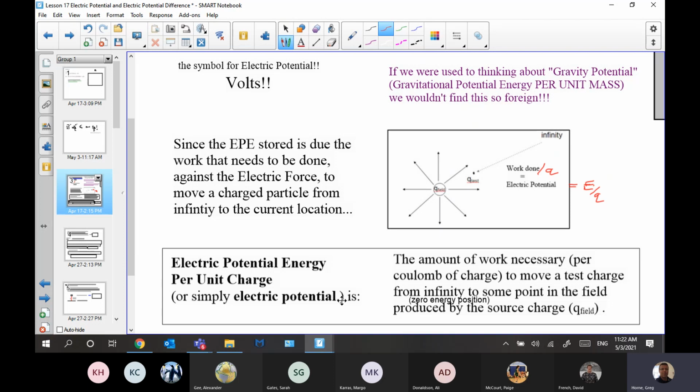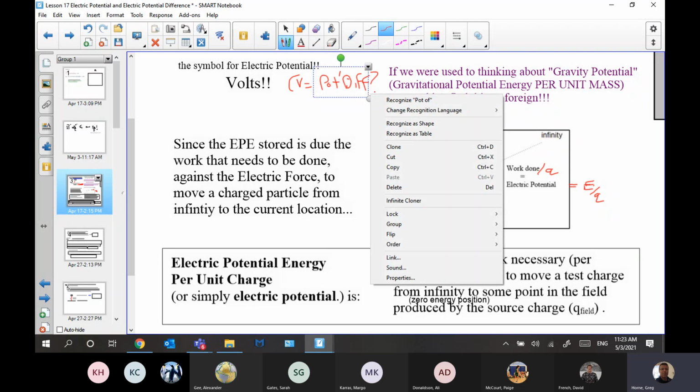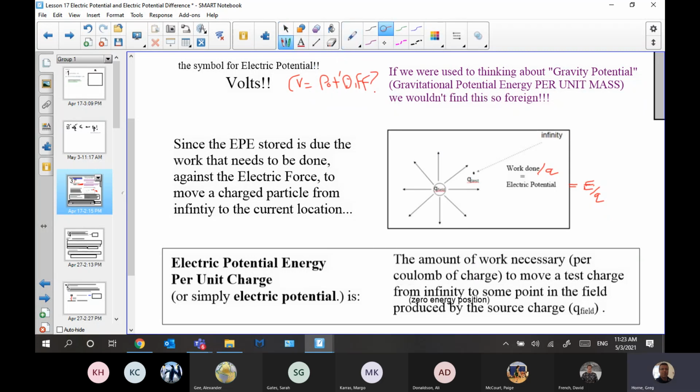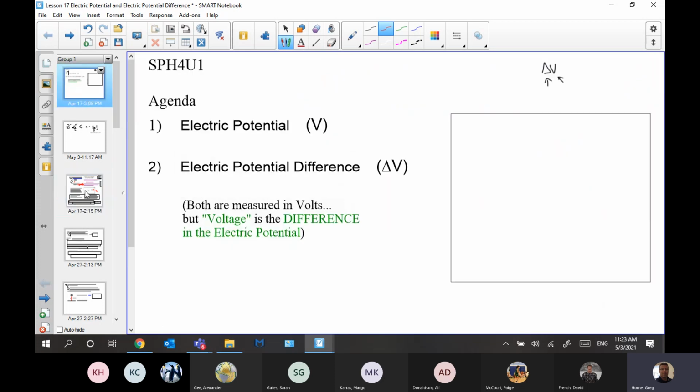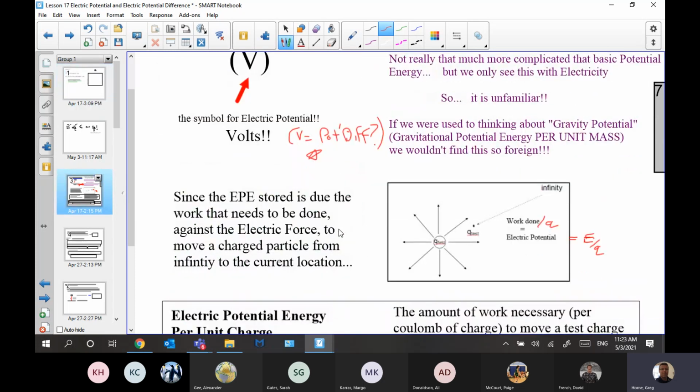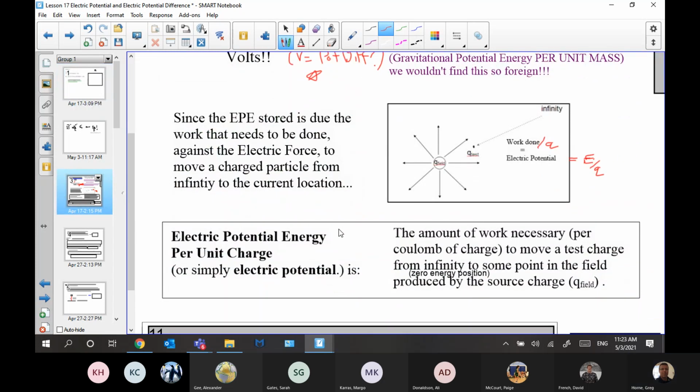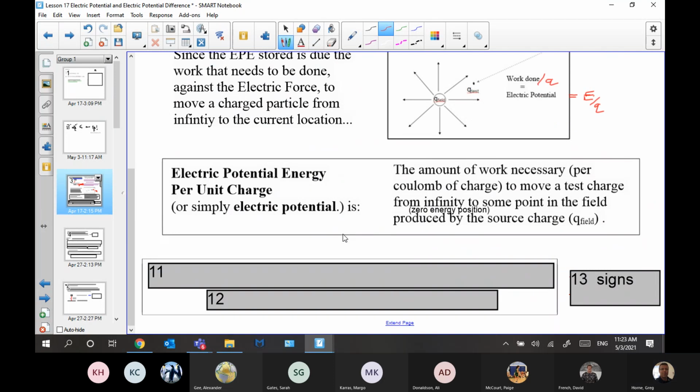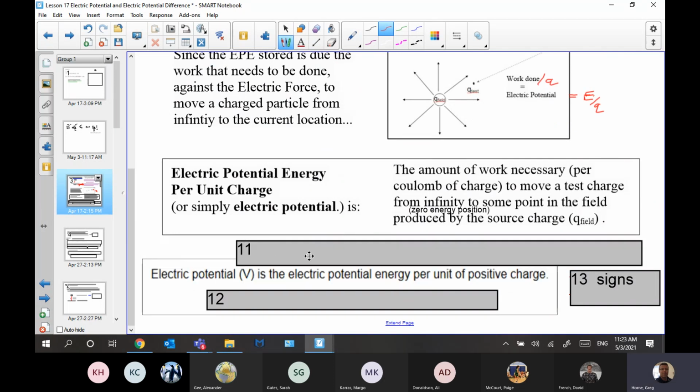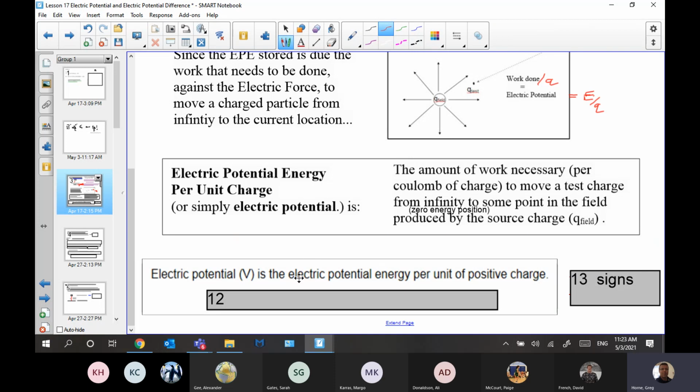Because I hope you're still thinking, wait a minute, I thought V equals potential difference. If you remember, voltage in grade 9 was potential difference, now I'm just calling it electric potential, and soon I'm going to talk about electric potential difference. You should be saying, wait, I thought it was difference. This one's just the value, rather than the difference. But we'll fix that shortly.